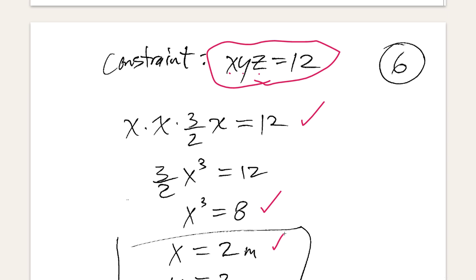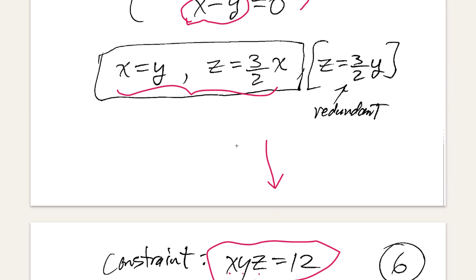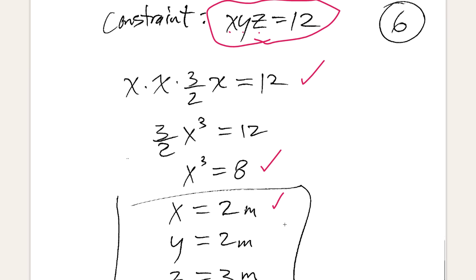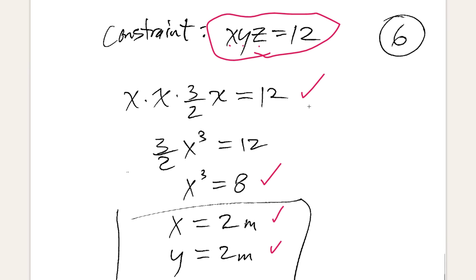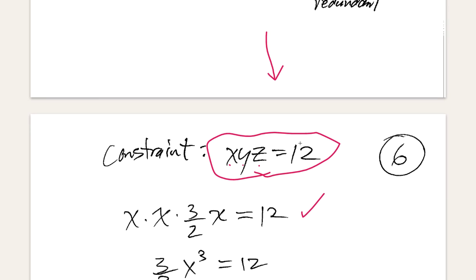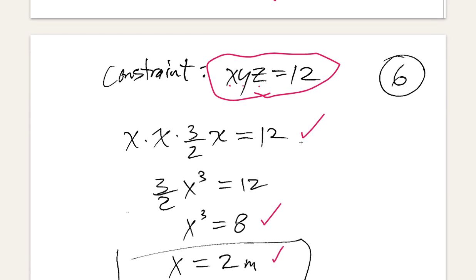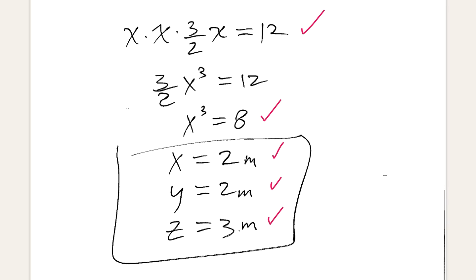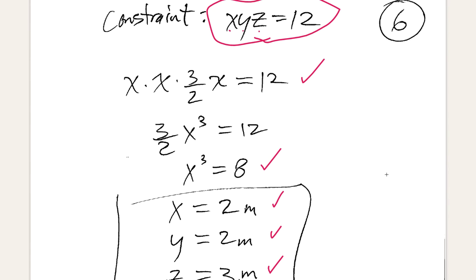That means 2 meters. Remember, y is also going to be 2, and z is going to be 3/2 as much, so z is 3. There you go.